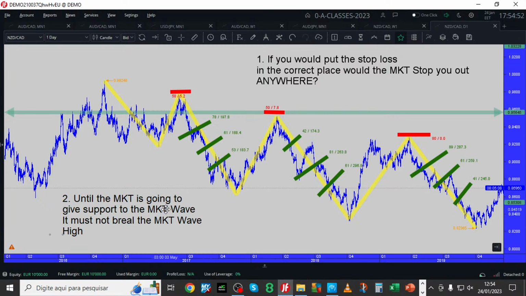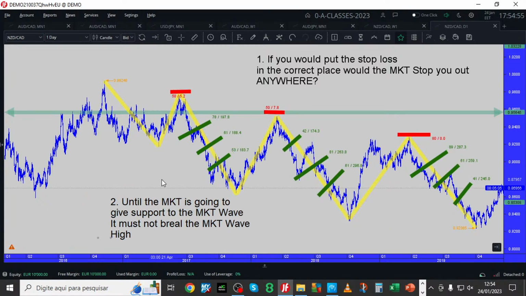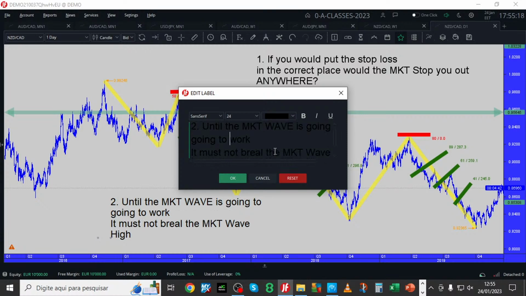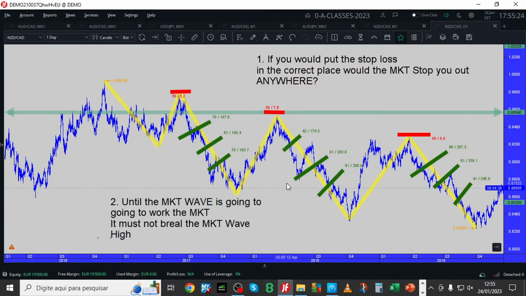Can you do this, everybody? Until the market is going to give support, maybe better English, right? Until the market wave is going to work, the market must not break the market wave high.